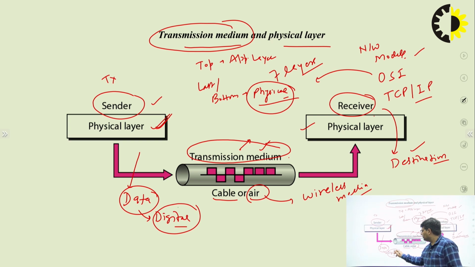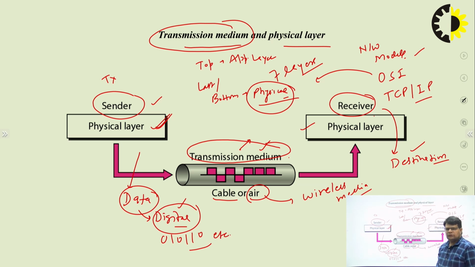For example, if we have data in digital form, it will have a large number of bits in the form of 0, 1, 1, 0, 1, 0, etc. Now, to transfer this data, it needs to be converted into, or represented in the form of, signals.